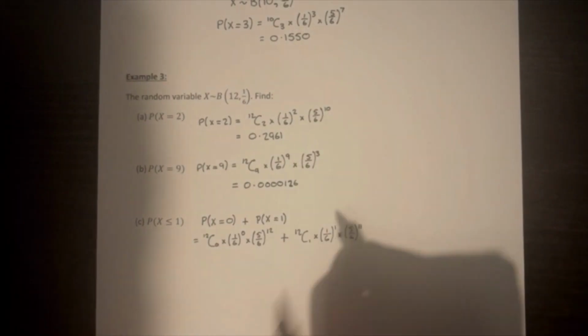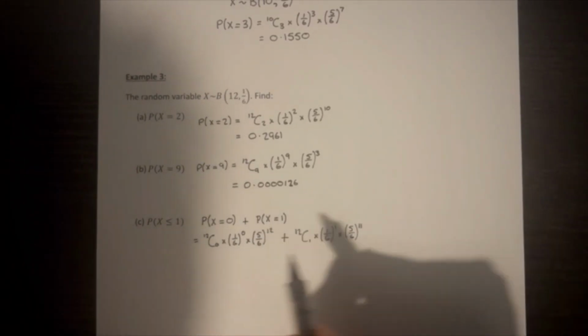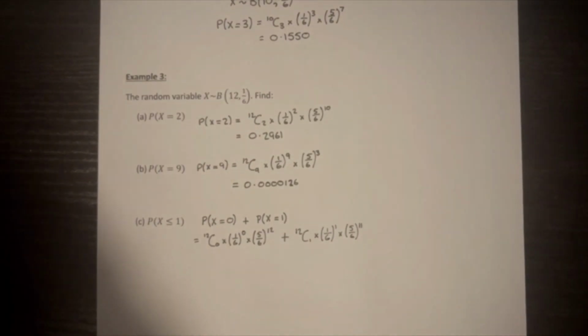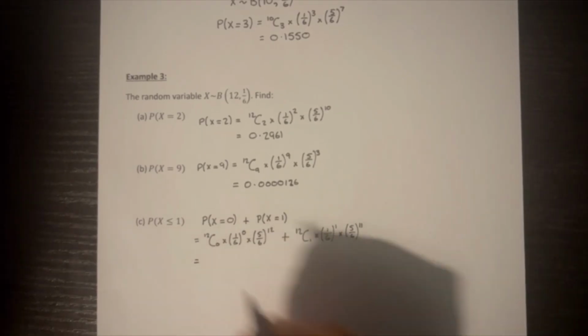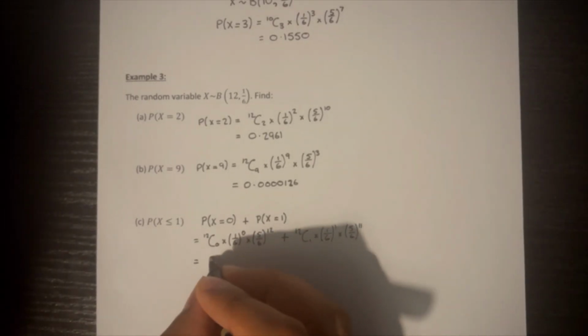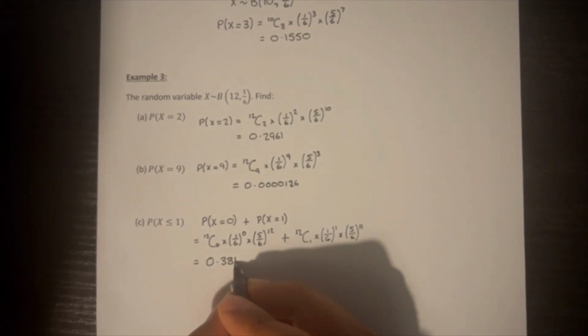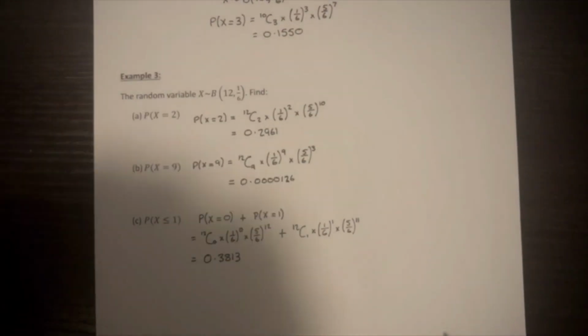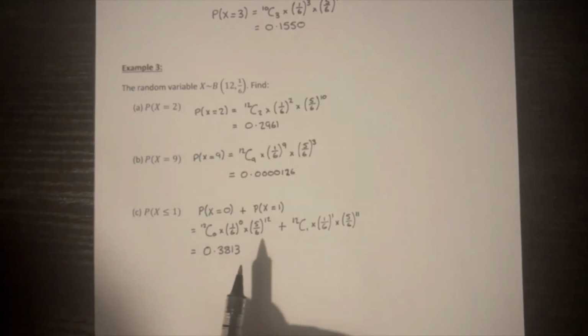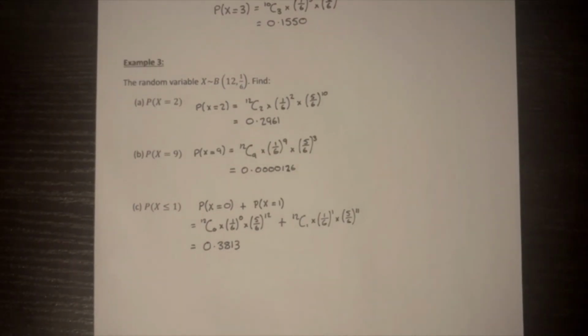And then we could either work these two out separately or just put them together just like this into our calculator. And that is going to give us 0.3813. And that's our final answer on that last question there.